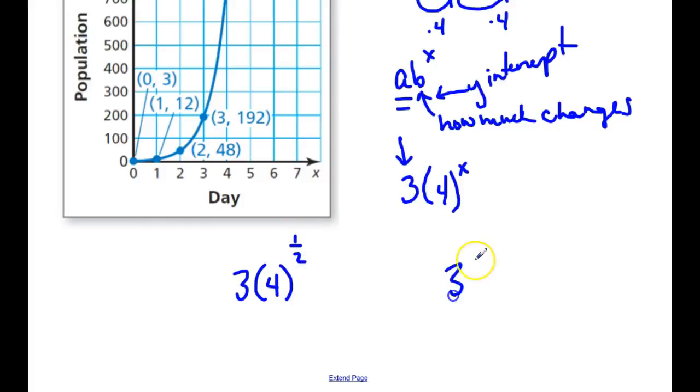And when I'm looking for 5 days, my exponent will be a 5. So now I can just use my calculator and simplify and solve that. So you should end up with my population after 12 hours was 6, and then my population after 5 days was 3,072. Once we go ahead and do this exponent and then multiply.